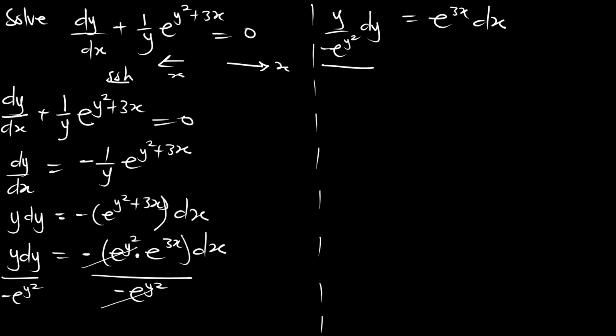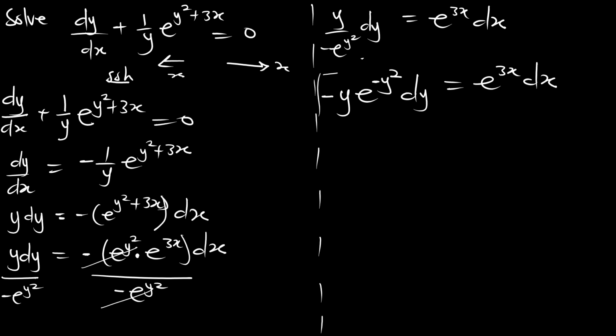Are we good? Alright, so I'll now be left to solve the equation. This side I can also write as negative y e^(negative y²) dy is equal to e^(3x) dx. So this is the final expression. This is not the solution, but rather the separation.